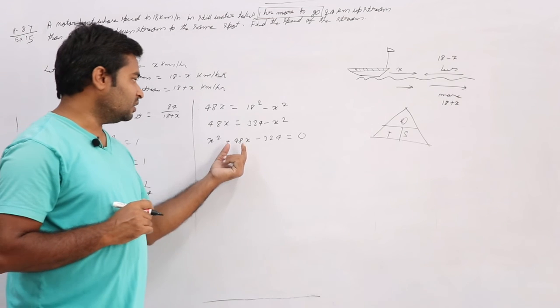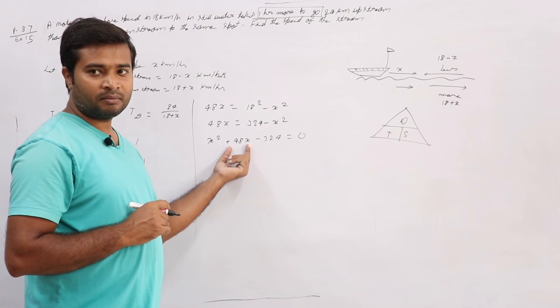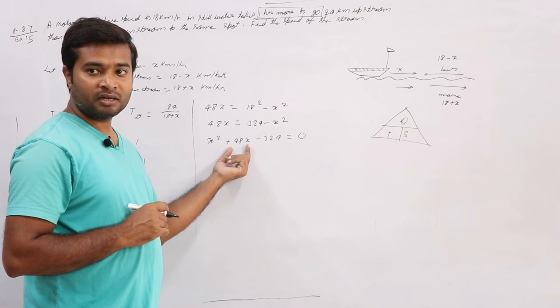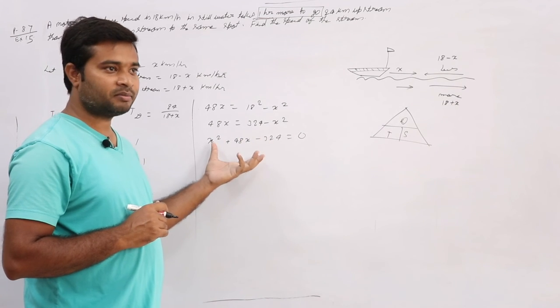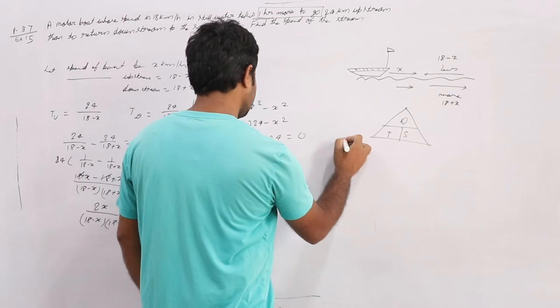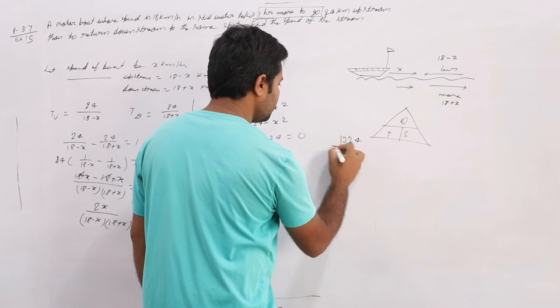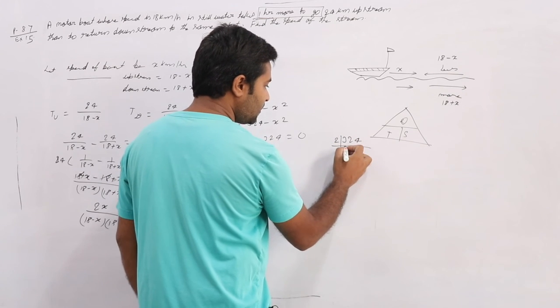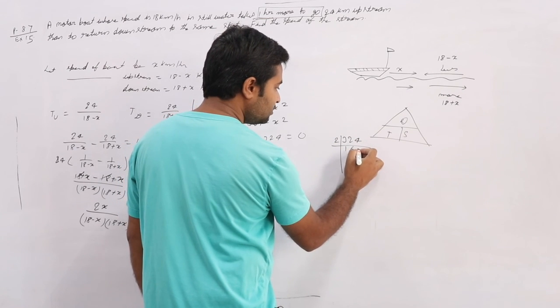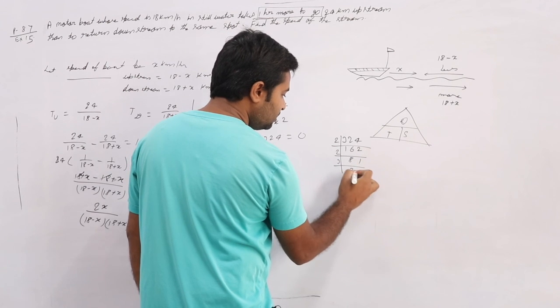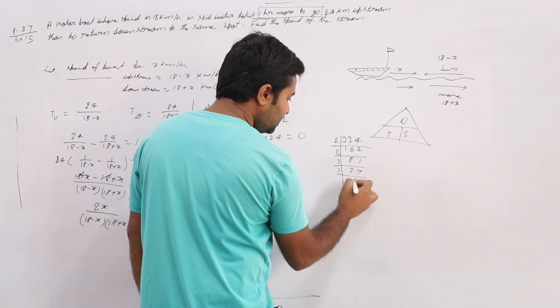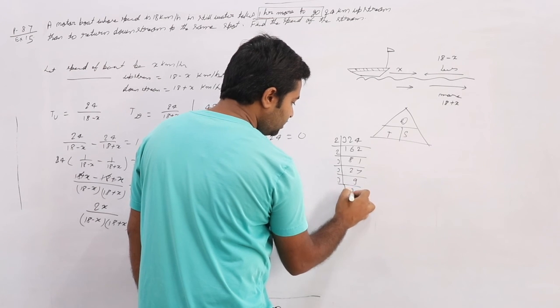Now either you can use the formula or splitting the middle term. The number is big, so it is better to apply splitting the middle term. 324, how many times 2? 162, 2, 81, 3, 27, 3, 9, 3, 3.